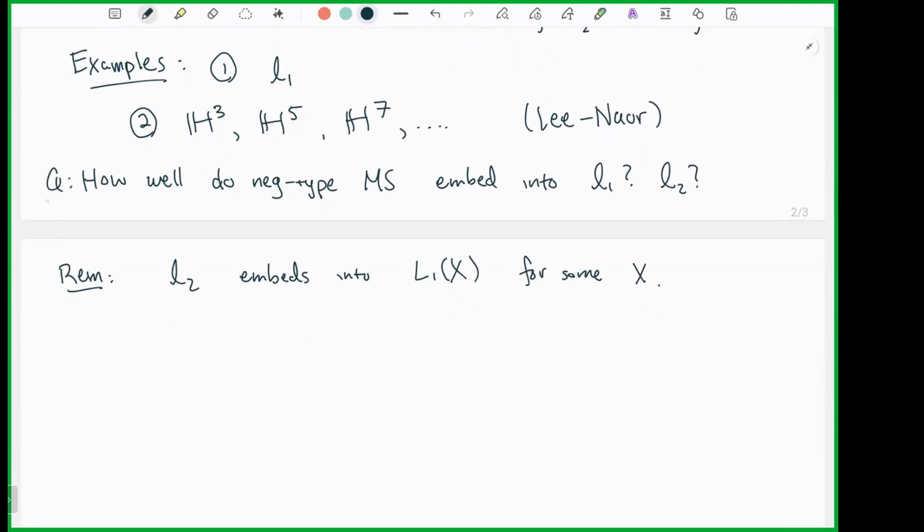So this is the question, and here are some attempts at answering it. I think the earliest result that I'll state is due to Enflo, and this is about embedding of the hypercube. The hypercube is a subset of L1, and we know that it does not embed well into L2.